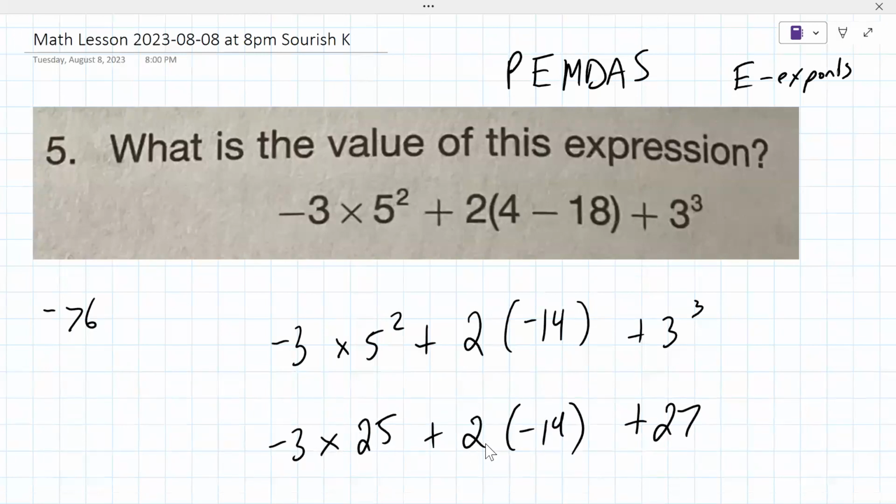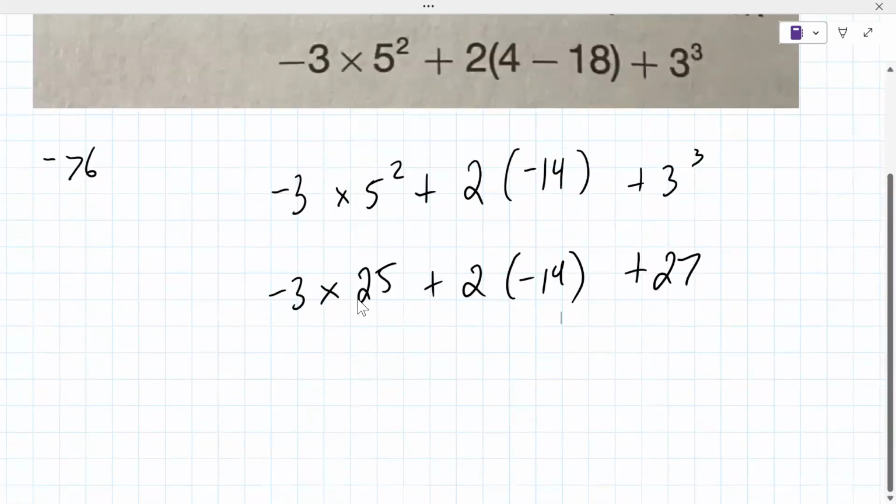Now, the next order of operations is the multiplication. What is -3 times 25?